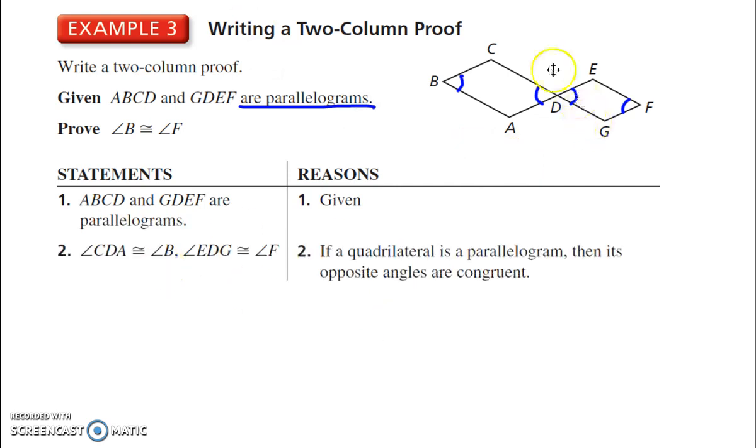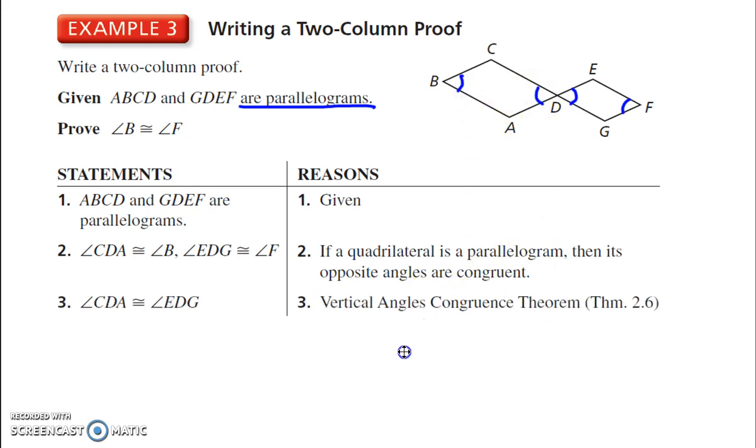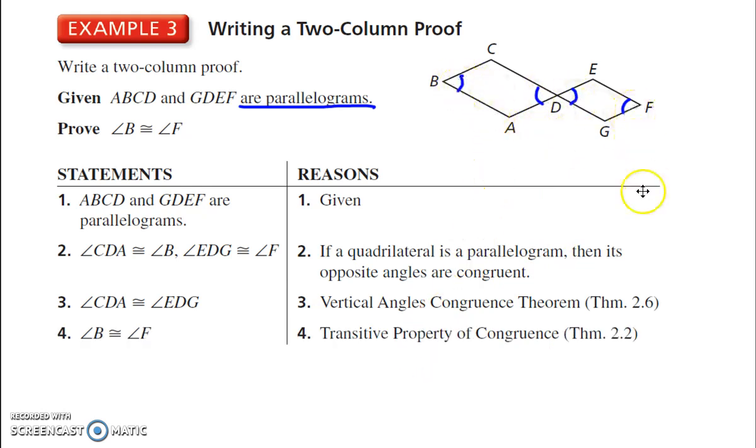And we know that CDA, this angle, is congruent to B, as we just stated, because in a parallelogram opposite angles are congruent. And then vertical angles are congruent. And therefore, boom, the transitive property tells me that B is congruent to F.